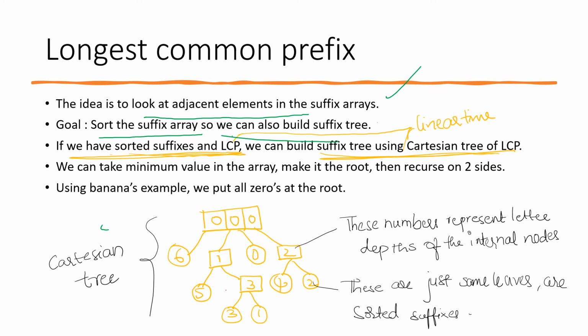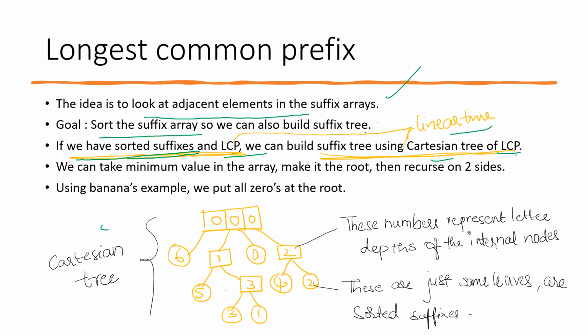If we have sorted suffixes and the LCP we found earlier, and if we can build the suffix tree using the Cartesian tree of LCP in linear time, then if we can sort the suffixes and find the LCP in linear time, we will be able to build the suffix tree in linear time. That is our main goal.